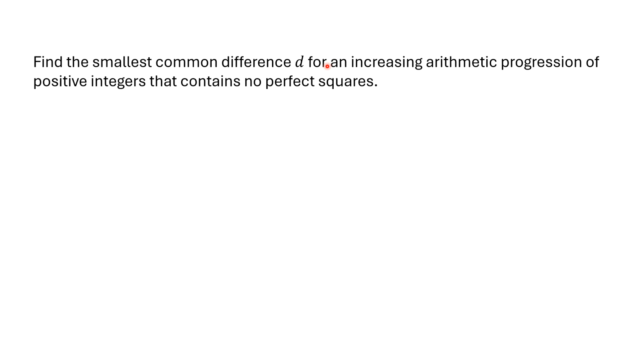I didn't give any examples of that, and it's not the case here either, because I explicitly excluded that possibility by saying it's an increasing arithmetic progression, meaning that D is positive. Okay, so have a look at that, and then I'll give you the solution on the next several slides.